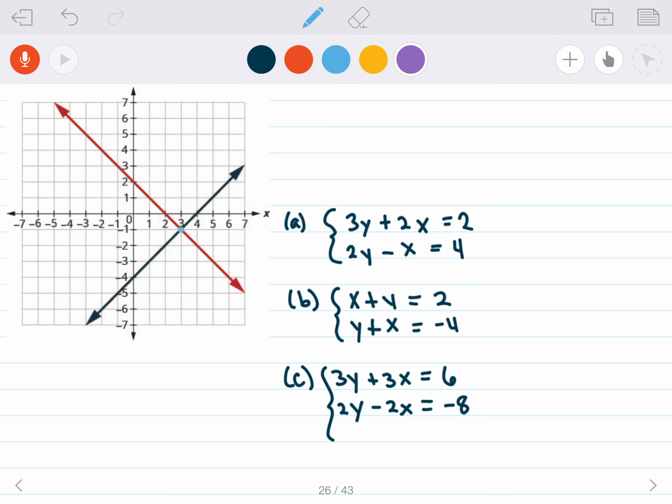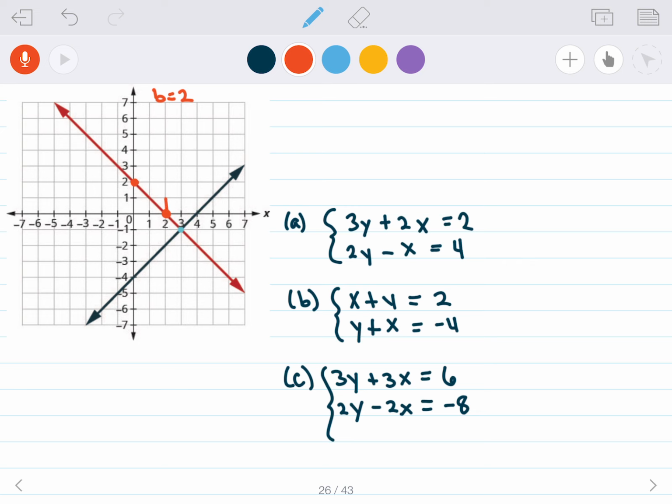So I'm looking at the red line, and I see that b is equal to 2. So that's our y-intercept. That's where it crosses the y-axis. And the other thing we need for the equation of the line is our slope m. And for that, we can do rise over run. For the slope, I can look at this point, and I can say, how much do I rise and run?